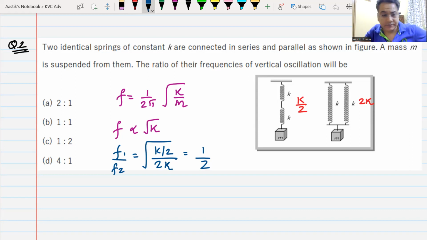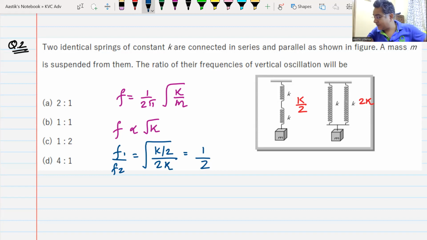Then let us move ahead and move on to the next thing. And what is the next thing that we are supposed to do?